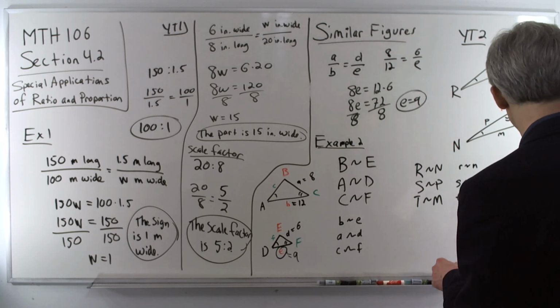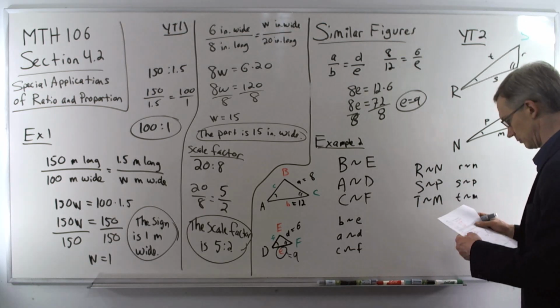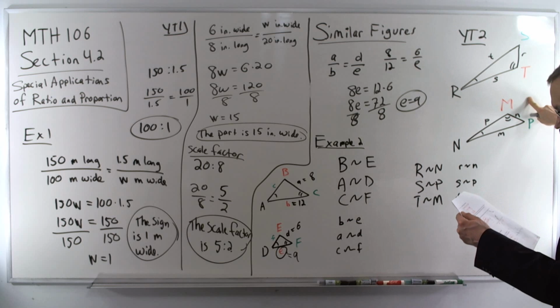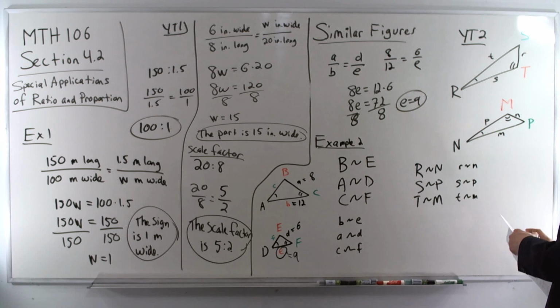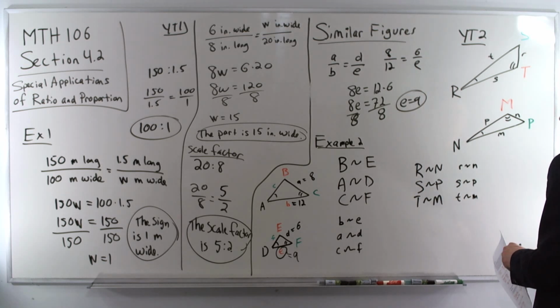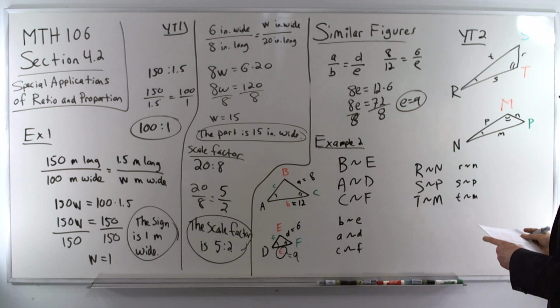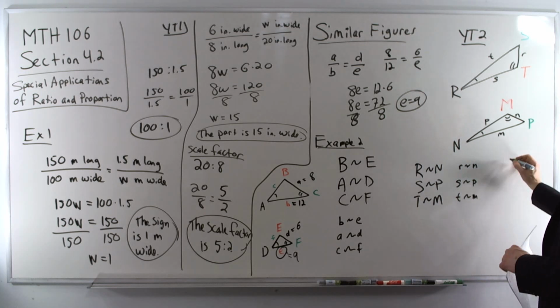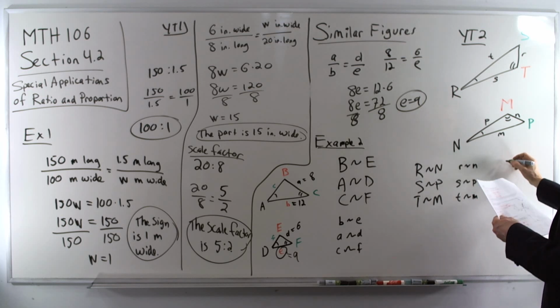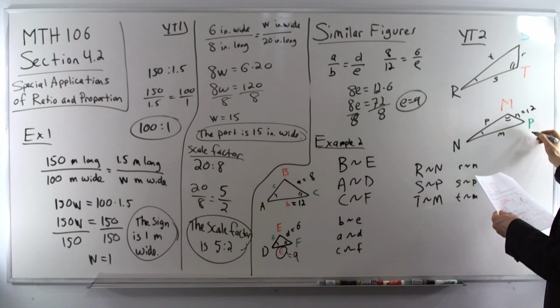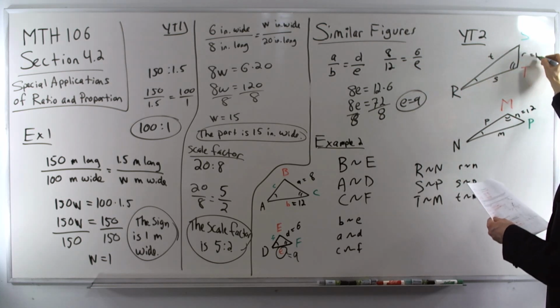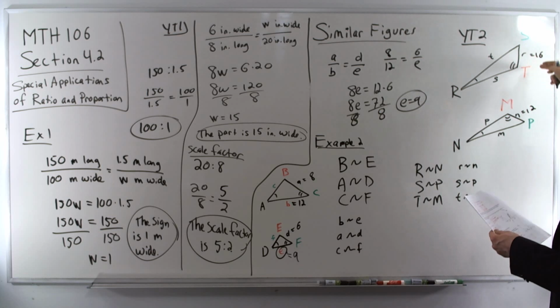All right, your turn, number 3. We're referring to figure 4. If n equals 12, r equals 16, t equals 24, find the length of side M. There's a couple of corresponding sides, r and n.